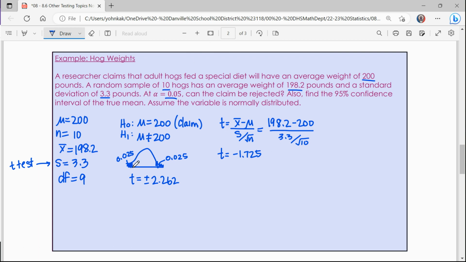So it looks like my cutoff for the critical region is negative 2.262, which means negative 1.725 is not in the critical region, so we do not reject the null hypothesis. Since negative 1.725 is not in the critical region, we do not reject the null.